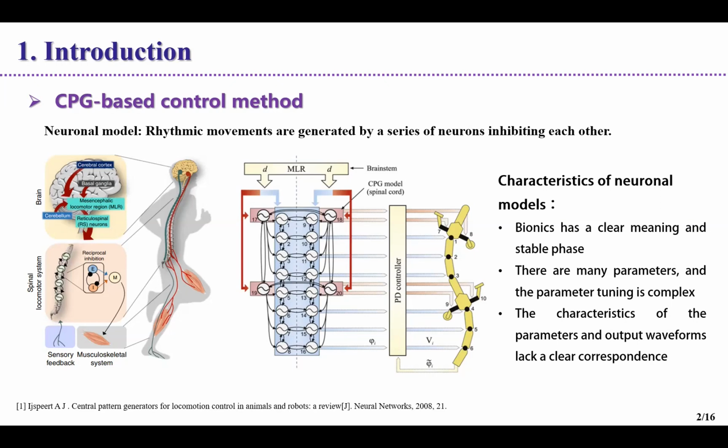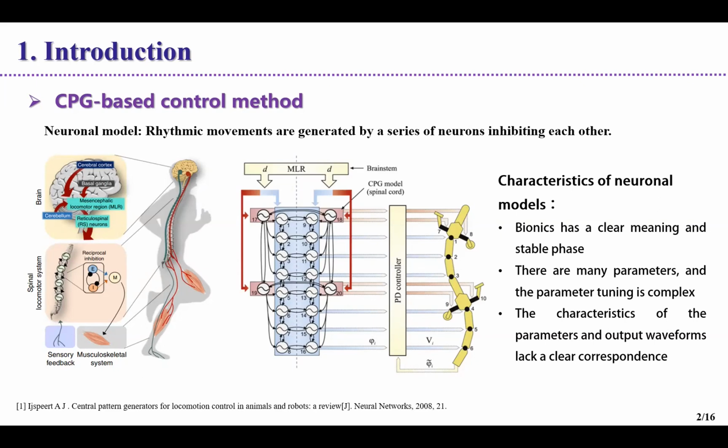Based on this, the concept of the central pattern generator is proposed, and it is also confirmed that the CPG is a neural network composed of multiple neurons coupled to each other. A series of neuronal models were proposed to apply to legged robot control.